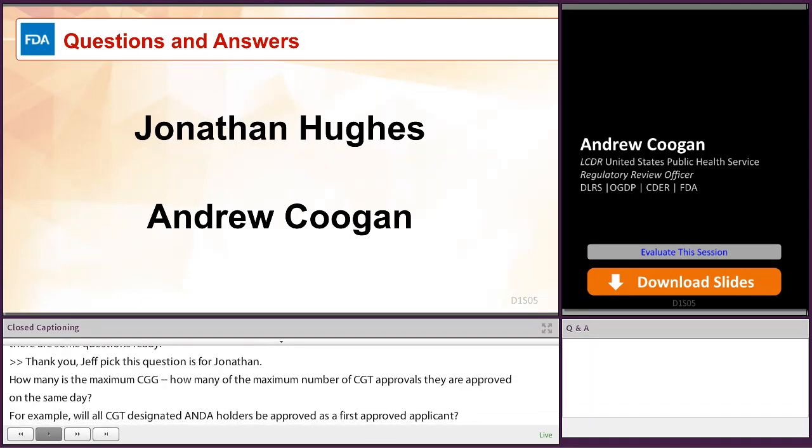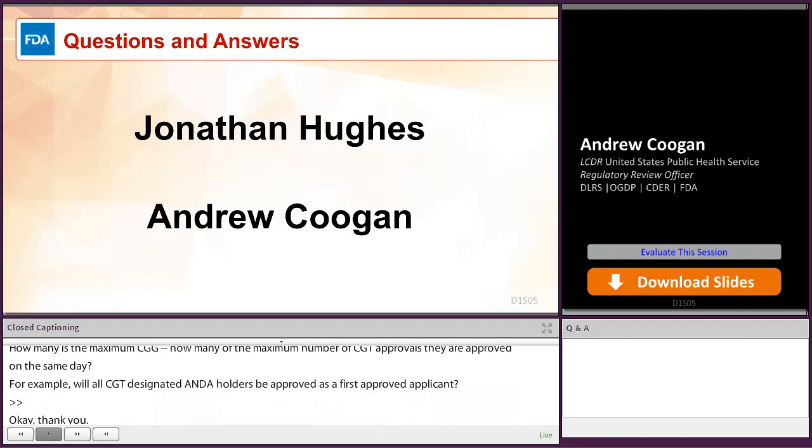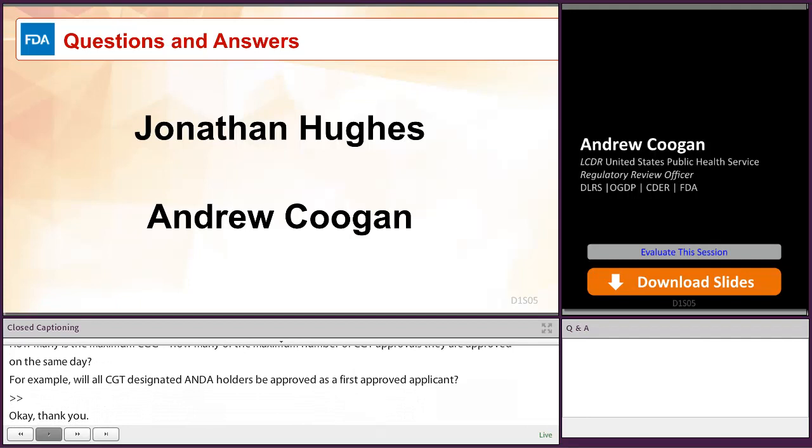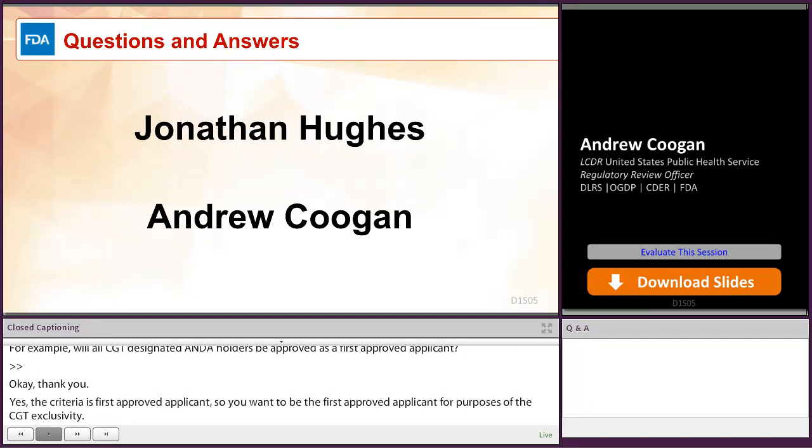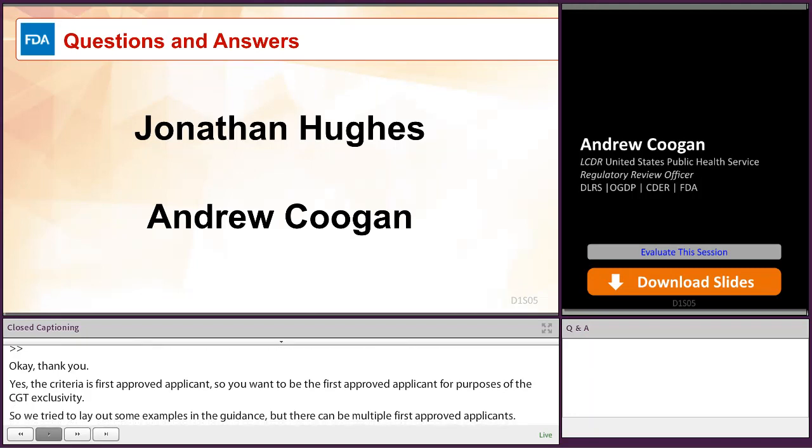Yeah, so the criteria is first approved applicant. So you want to be the first approved applicant for purposes of the CGT exclusivity. So we tried to lay out some examples in the guidance, but there can be multiple first approved applicants. And those, again, are all the applicants approved on the first day for that product, but there can be multiple first approved applicants.